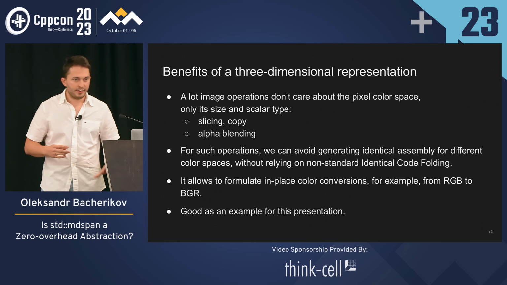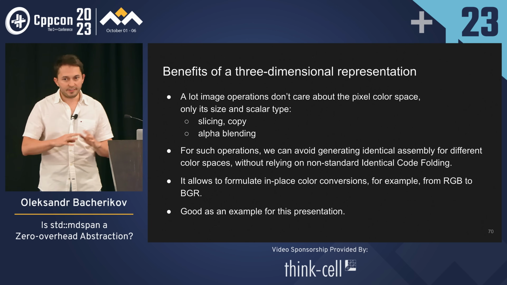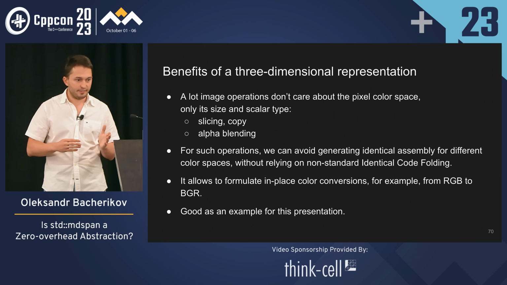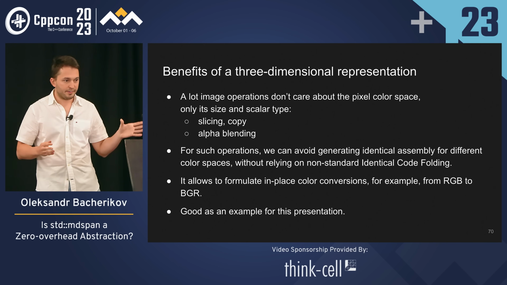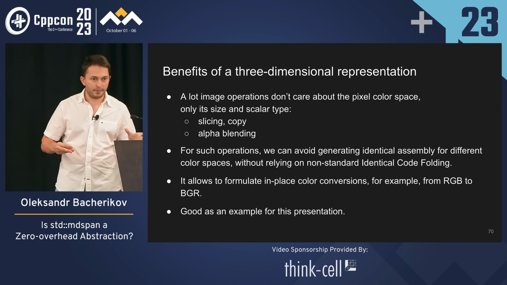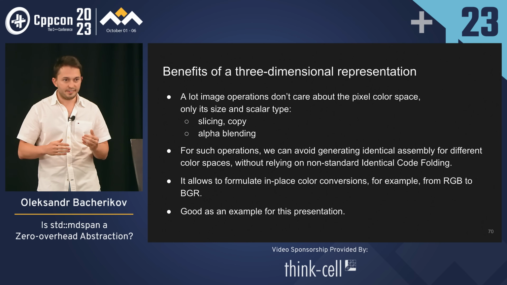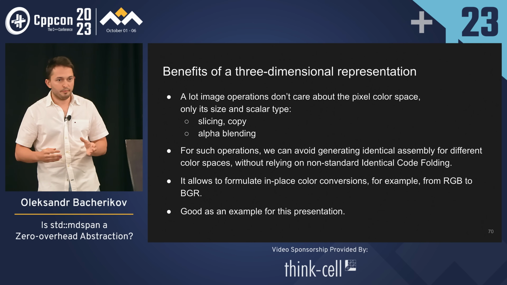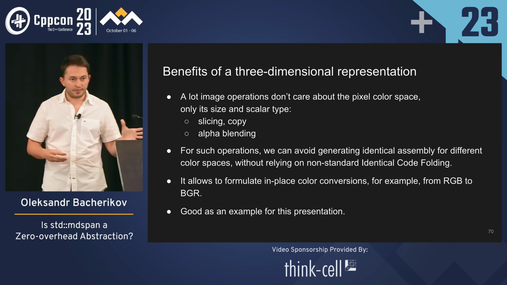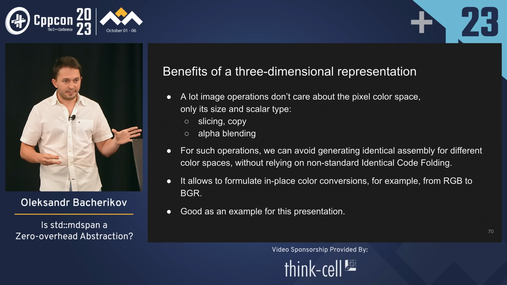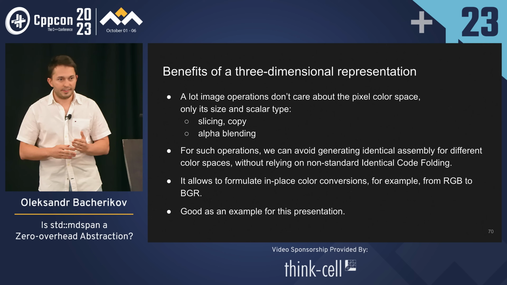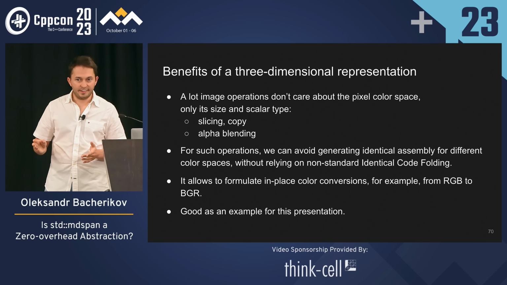In particular, a lot of image operations don't actually care about the color space. They only care about the sizes and scalar type. Those are all the slicing operations, copying those slices, and also alpha blending, and so on. So those are inherently just multi-dimensional array operations. And for them, we can avoid generating identical assembly for different color spaces without relying on non-standard identical code folding.